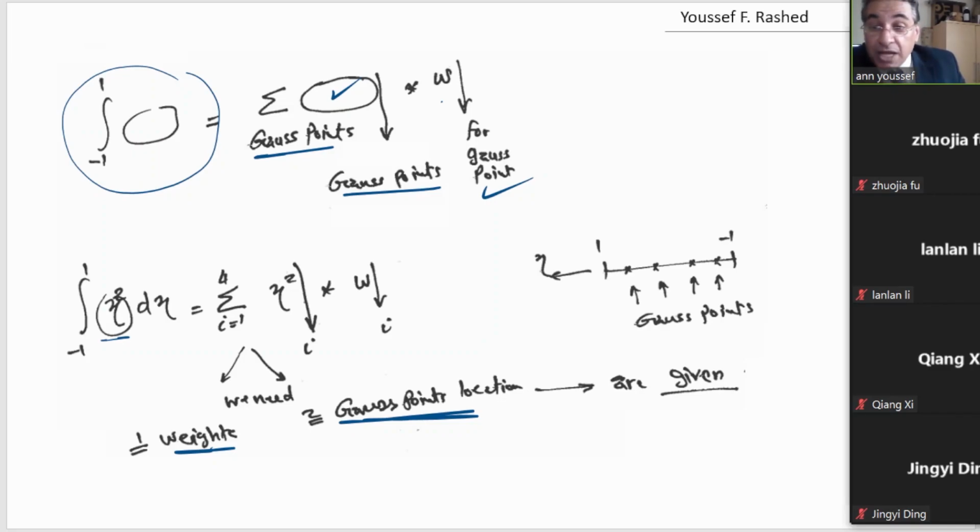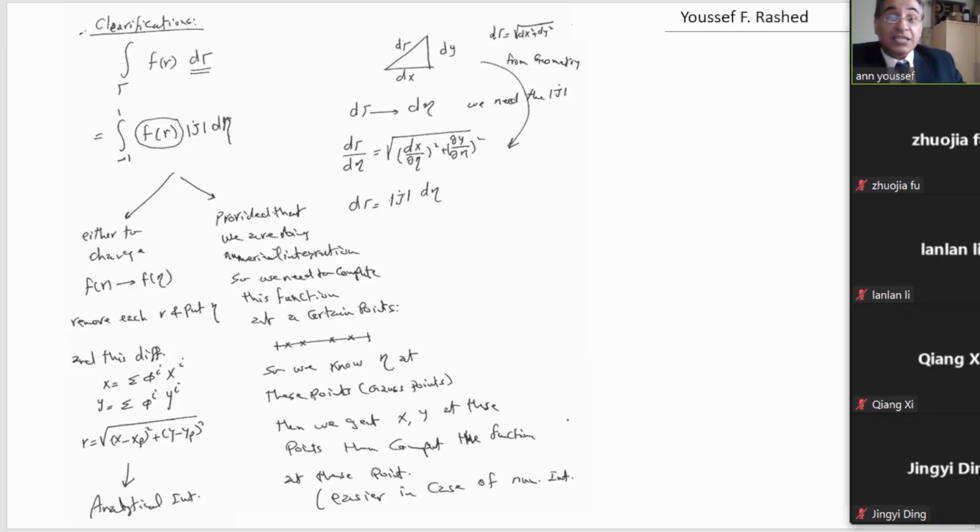I will jump to the last point. Instead of computing f of r, remember we have f of r and we have phi here. Instead of computing this in terms of eta, we have the integral from minus 1 to 1 of f of r, this is the fundamental solution, times phi of eta times the Jacobian of eta.